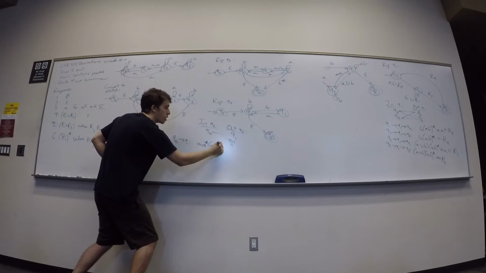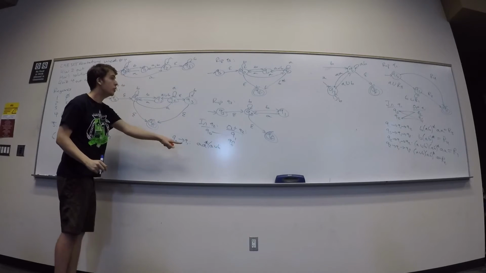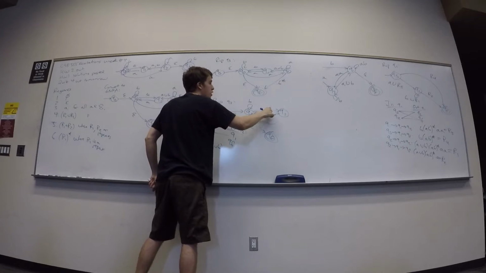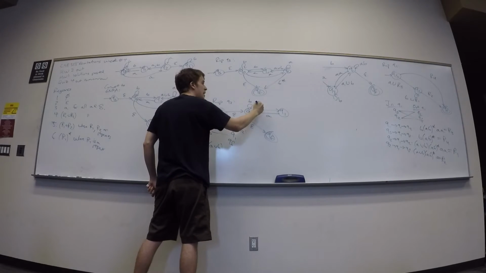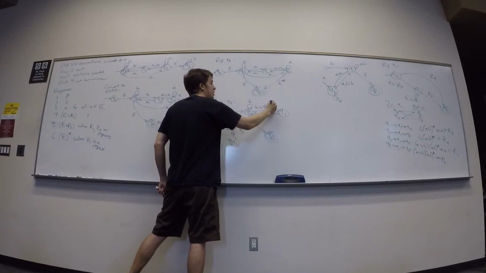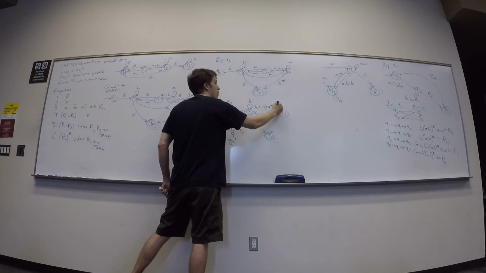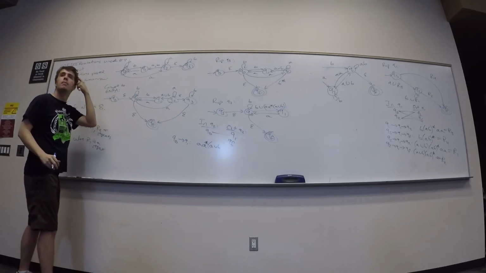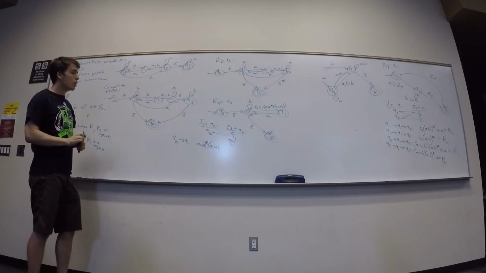So I have A union B from 0 to 1. I already have a transition there, so I'm going to do a union. So B union A star, A union B. Cool.